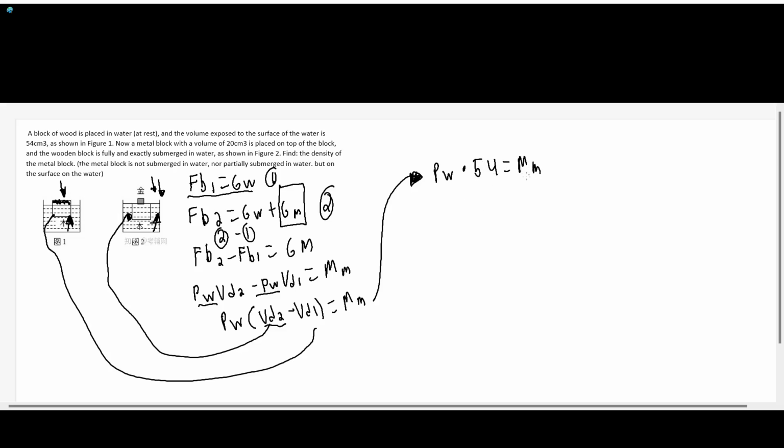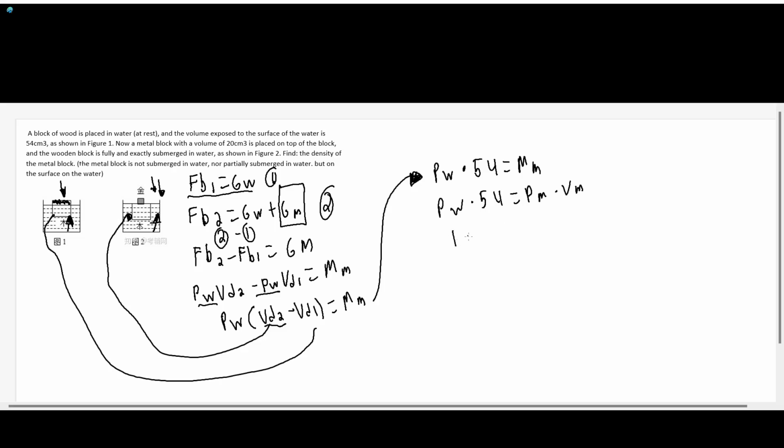Now, we can expand this. Rho water times 54 is equal to rho metal times volume metal. And then we can plug in most of the numbers.